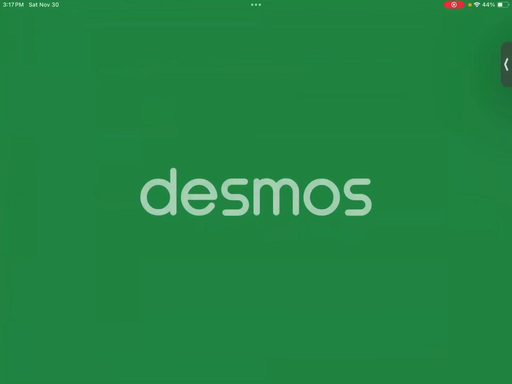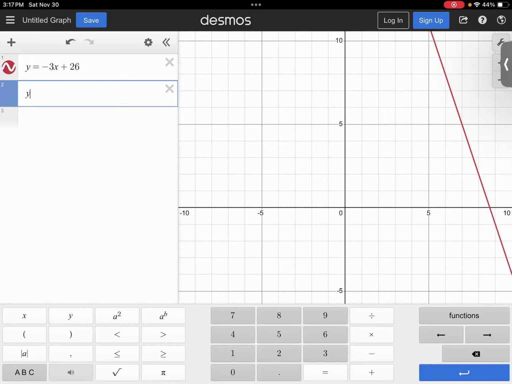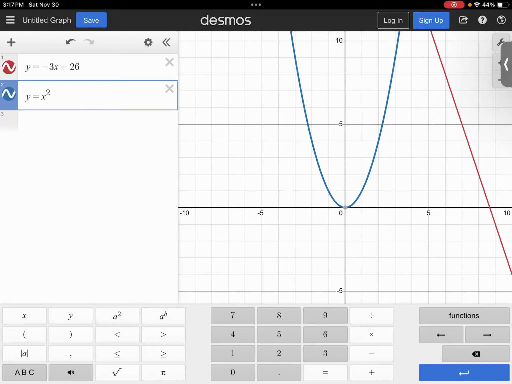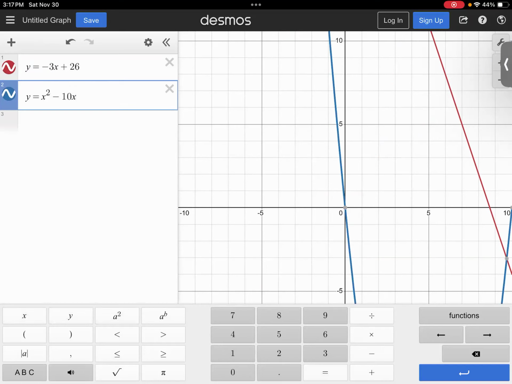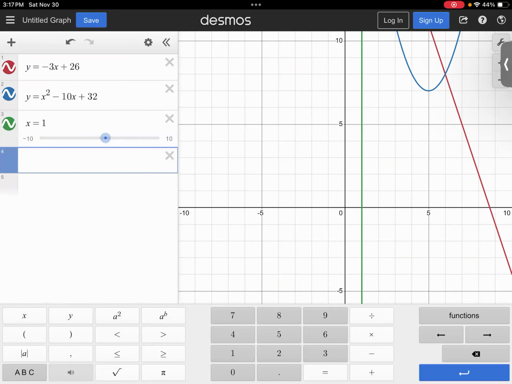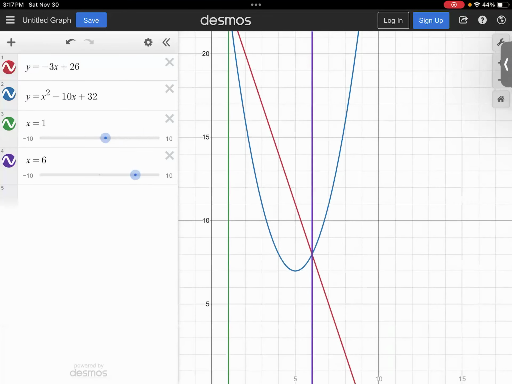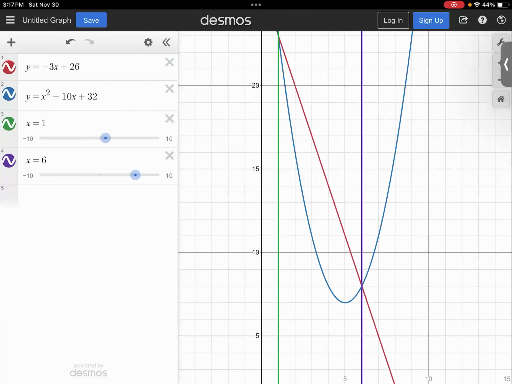Let's go to Desmos and graph these functions. So I have y equals negative 3x plus 26, x squared minus 10x plus 32, and I have the vertical lines, x equals 1 and x equals 6. Okay, so here we have this figure right here.